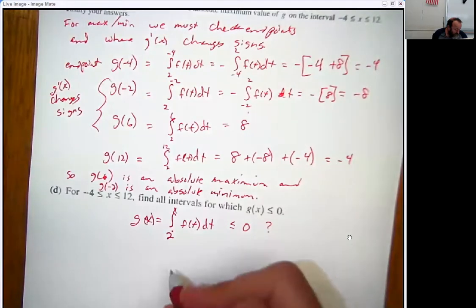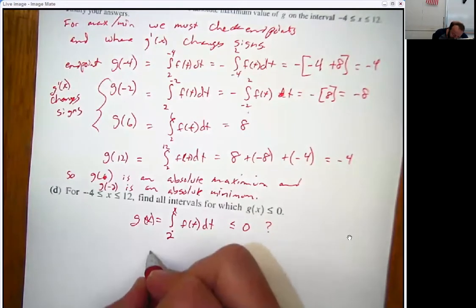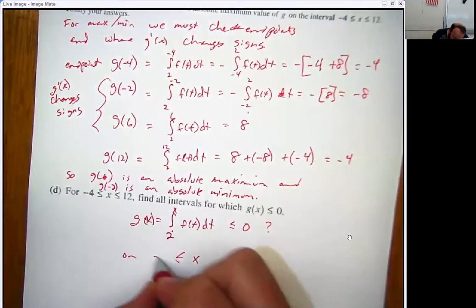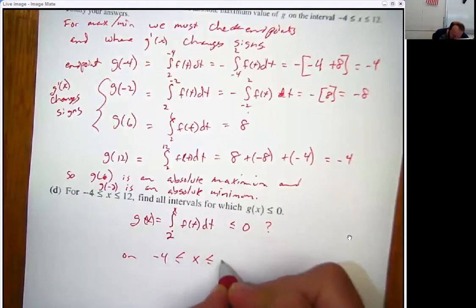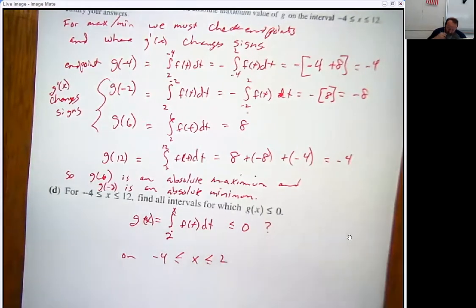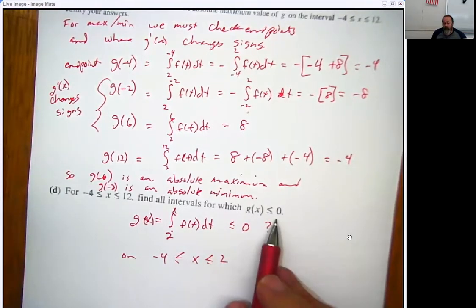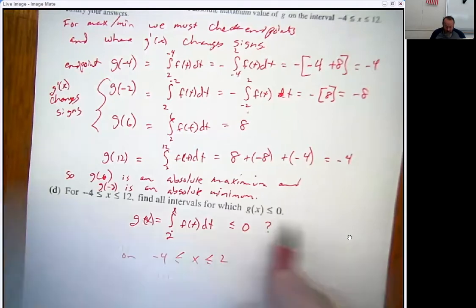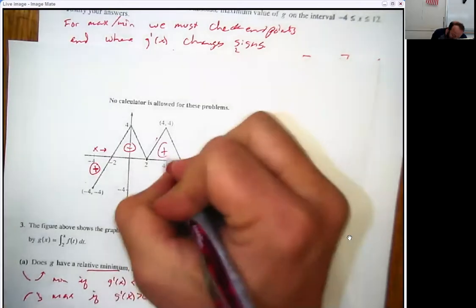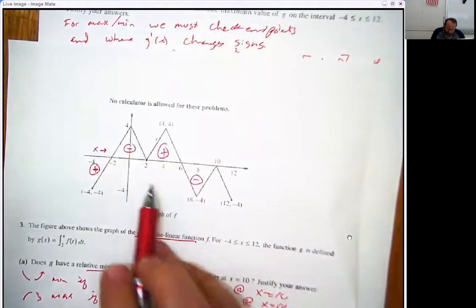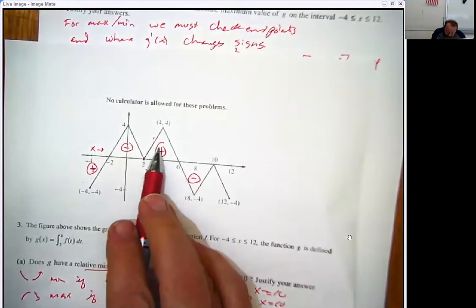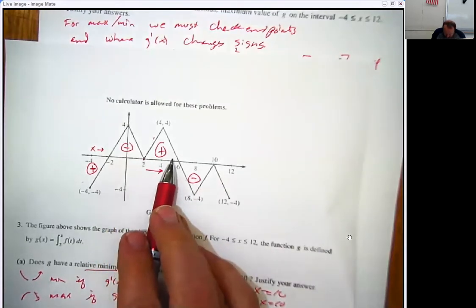So this is going to happen from -4 to the number 2, because notice that allows me to be equal to 0. And then you'll also notice that as we pick numbers, this is clearly positive, this is clearly negative. So as I slide x values over here, I'm growing and growing and growing, which is certainly not going to be negative.